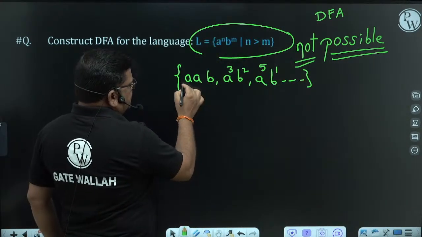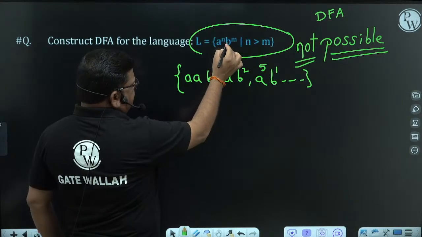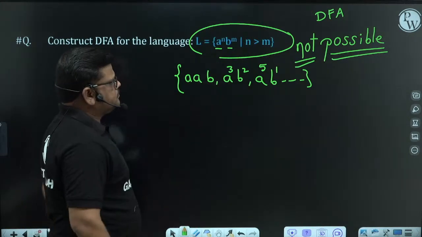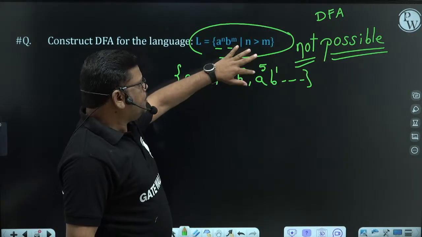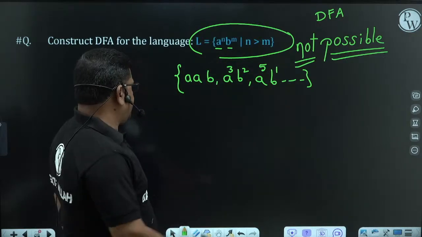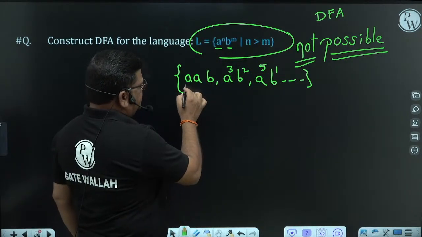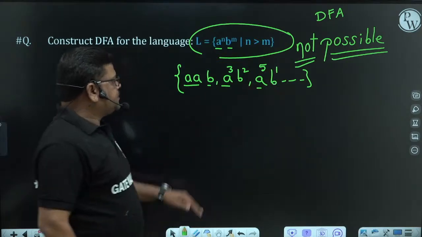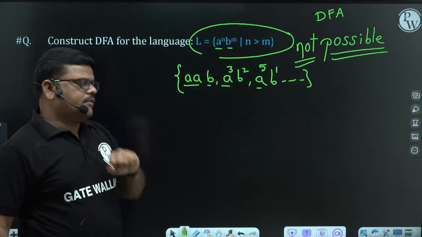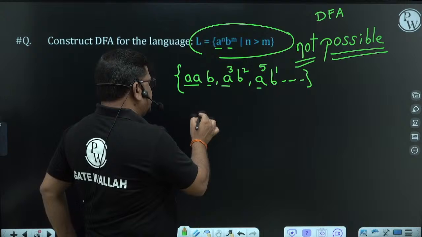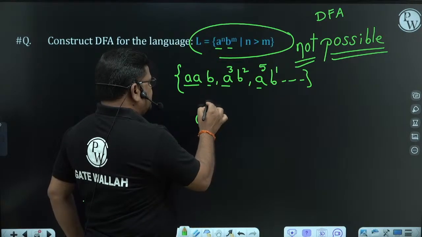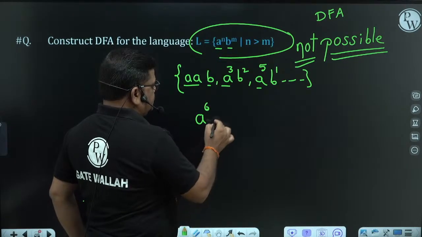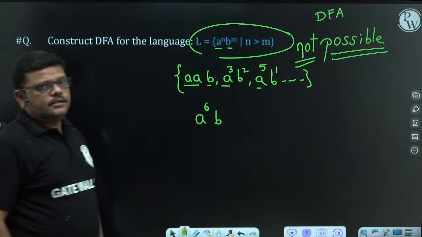See here, the language nature is a power n, b power m. Number of a's more than number of b's. That means whenever generating the string, a's should be more than b's. So if I take my number of a's as 6, how many b's are possible?